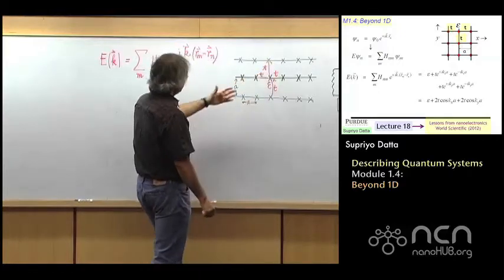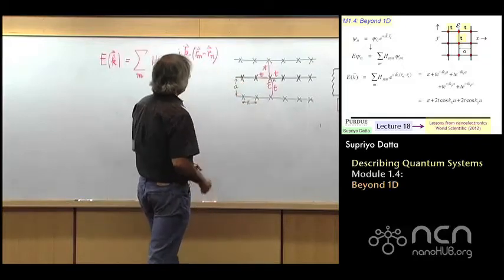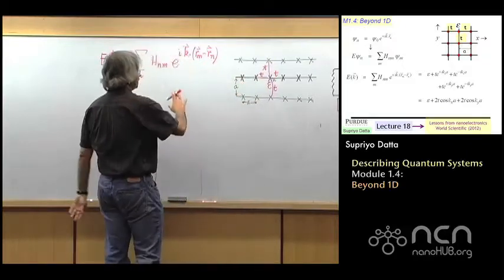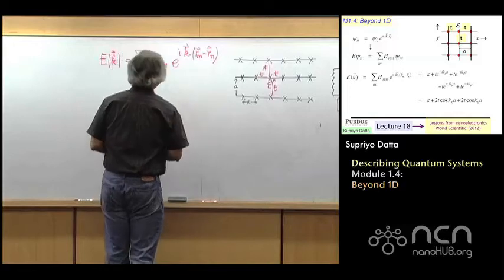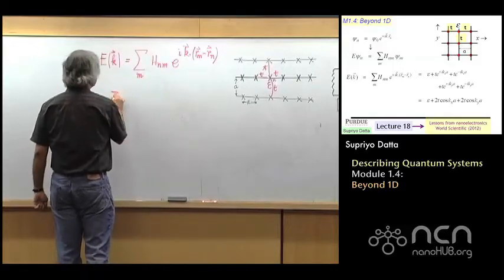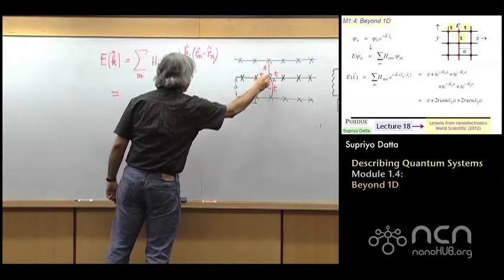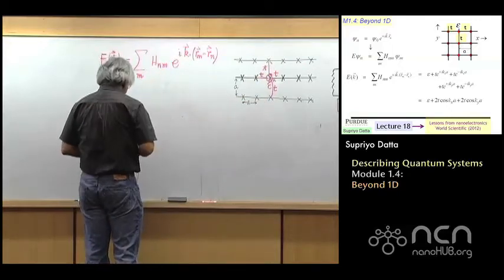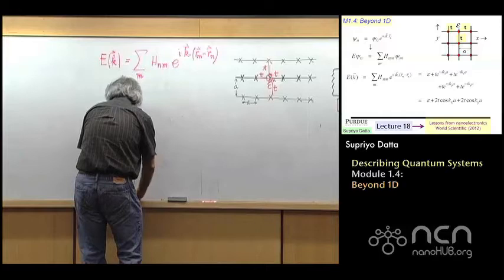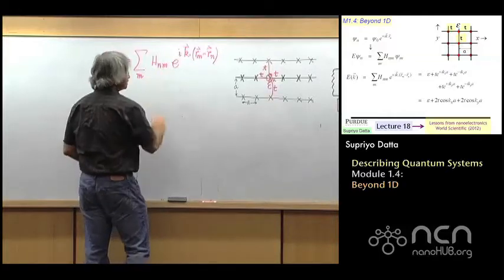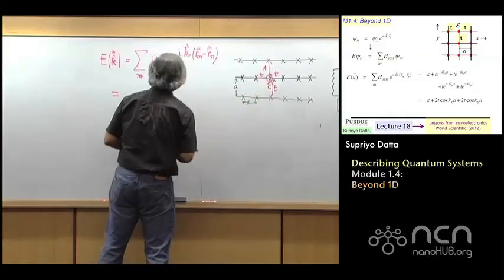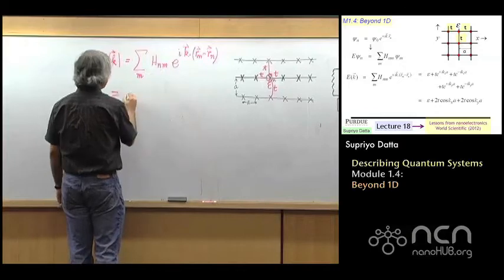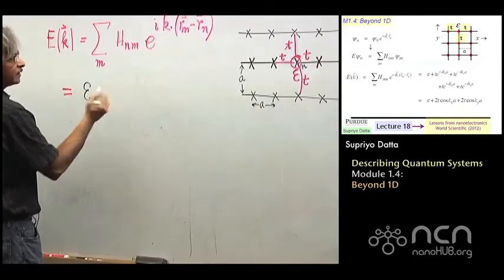So how would we sum this up? Well, you can see there should now be 5 terms. So when I write this out, I stand at any point right here, and then I'm moving the m along. So for m, if m happens to be right there, then h nm is epsilon. That's what I'll get.